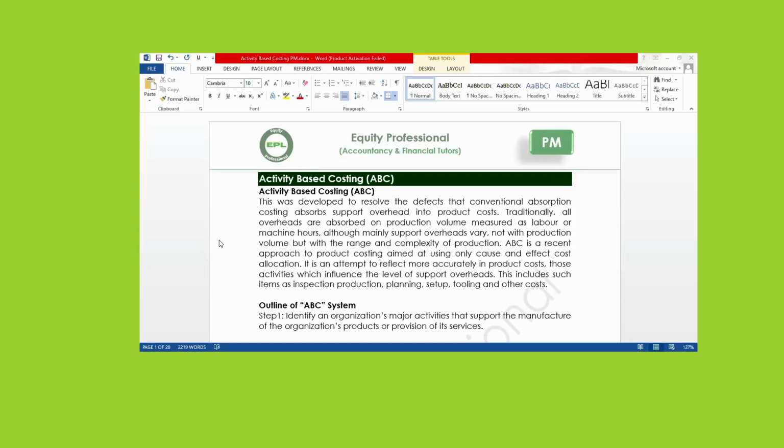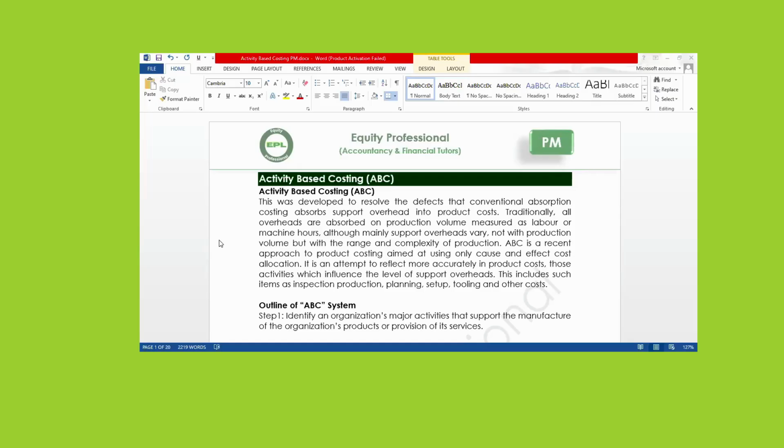What percentage are you going to allocate to Fanta? What percentage are you going to apportion to Coke? That creates a problem. Accounting for overhead creates a problem. How do we apportion these costs to the various products?